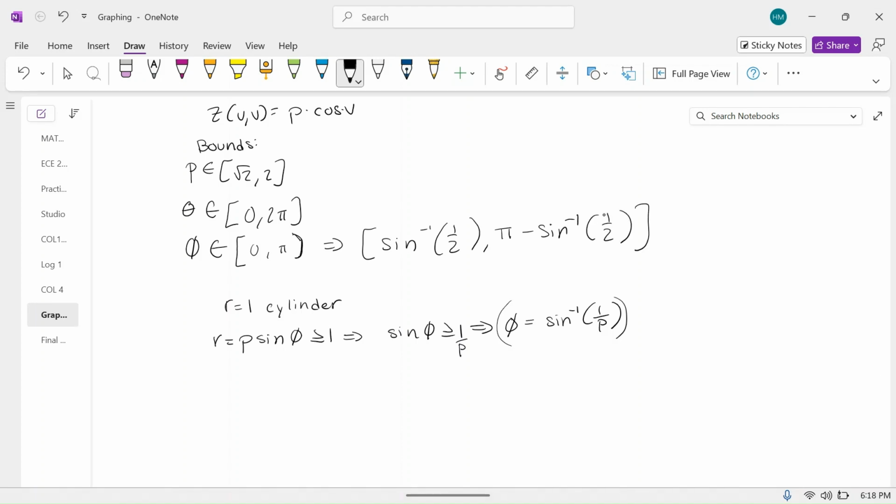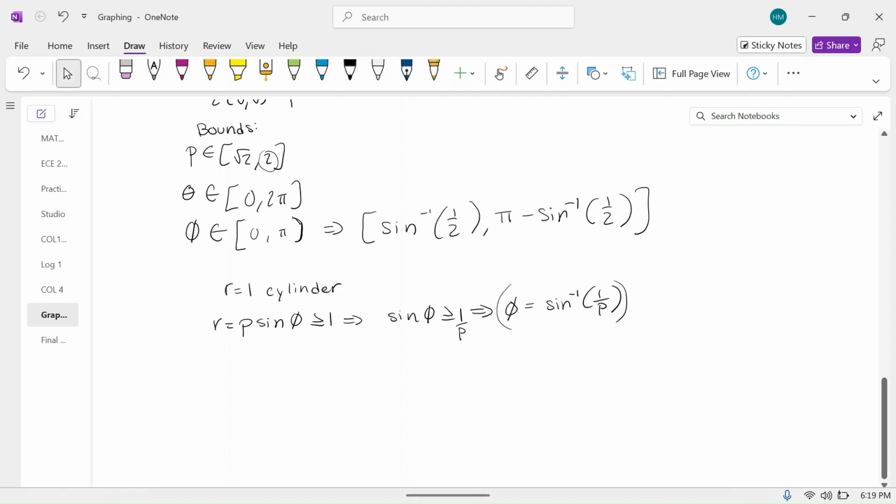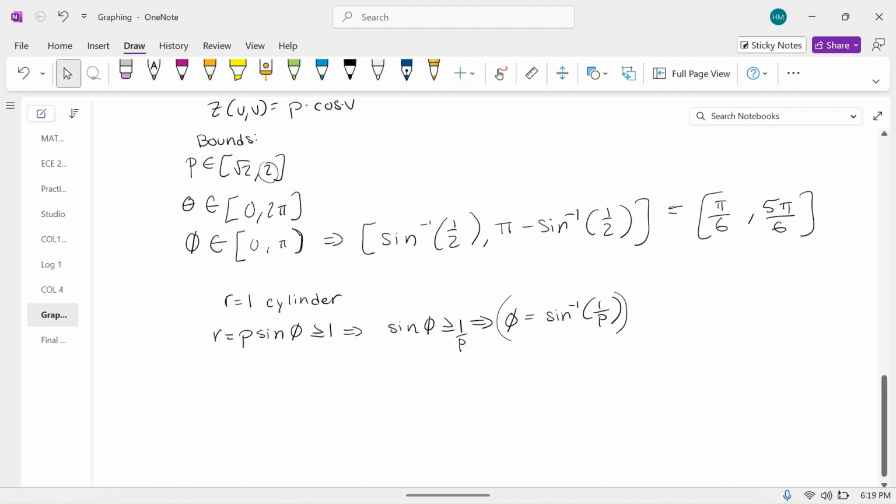And why we're doing 1/2 is because we want to capture the entire region for all of the rho from square root of 2 to 2. So we use the widest range of phi that satisfies all. So we're going to use rho equals 2. And so this will give us pi over 6 to 5 pi over 6. So these are our bounds.